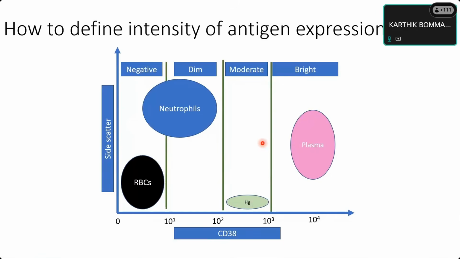So if you have a positive control and negative control within the tube, CD38 hematogones are termed moderate, plasma cells are bright, neutrophils are dim, and RBCs are negative. Anything which lies between your RBC and hematogone is called a dim expression. Okay, you got this clear?